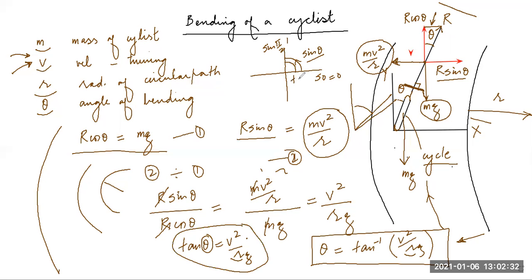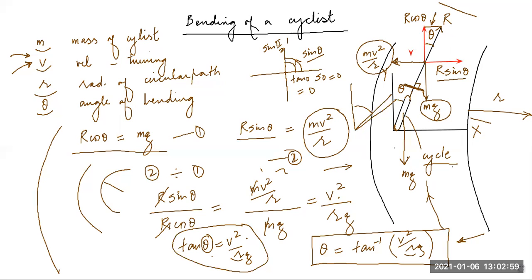Students, do you know the value of tan theta at 0? Tan 0 is sin 0 by cos 0, that is equal to 0. And tan of pi by 2 is infinity. So tan theta is increasing from 0 to 90 degrees. Hence, this is the derivation of the formula. Whether somebody asks you velocity or theta, you can find both by this formula.